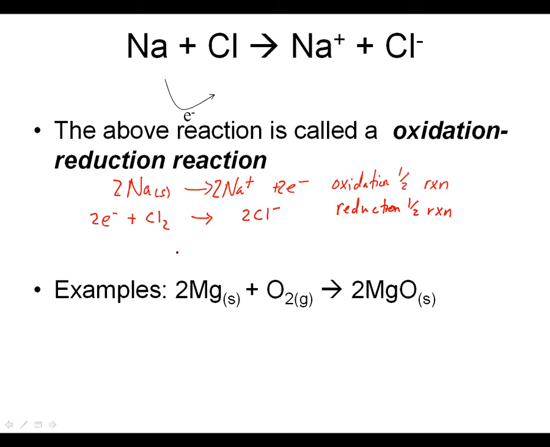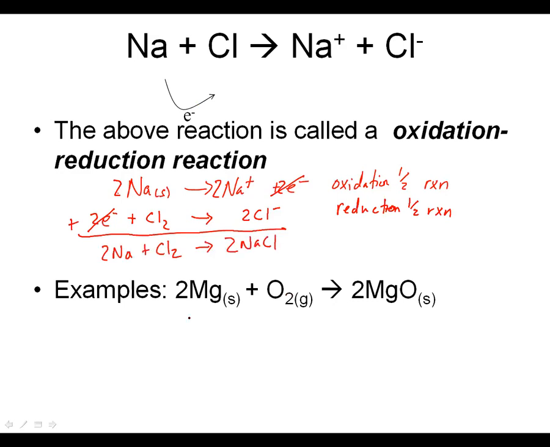They're called half reactions because if you add them back together, the electrons will cancel because they're on opposite sides of the arrow, and you would get 2 sodium plus our chlorine gas gives us 2 sodium chlorides. And that's our whole reaction.